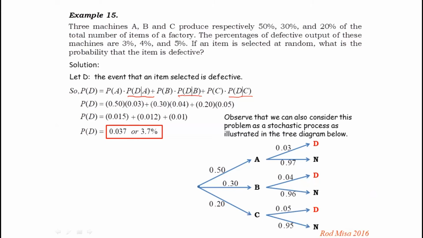As well as selecting a defective item from machine C, which has a probability of 20% times 5%. That is why we have a total probability of 3.7%, which means that the probability of selecting a defective item from this factory is 3.7%.